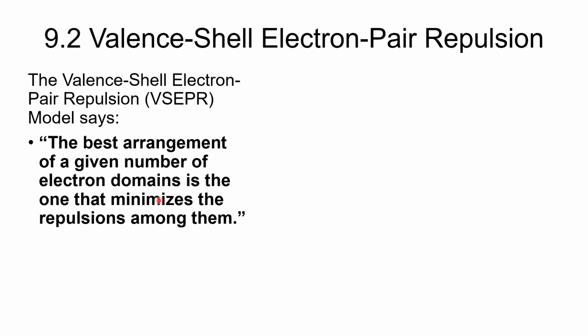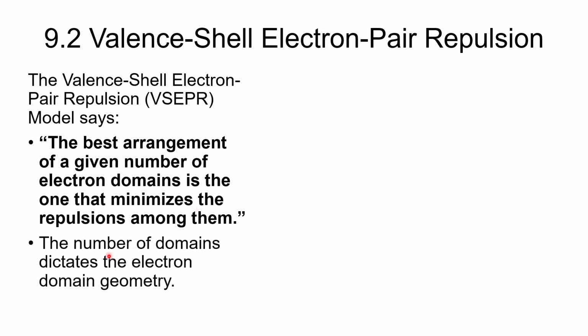In other words, we try to get those domains as far apart from each other as possible. Domains are made up of electrons, and electrons like to repel each other. So once we know the number of electron domains, that number will dictate the electron domain geometry.